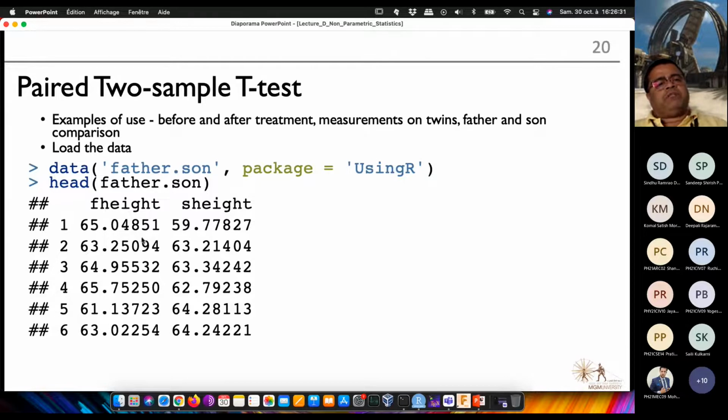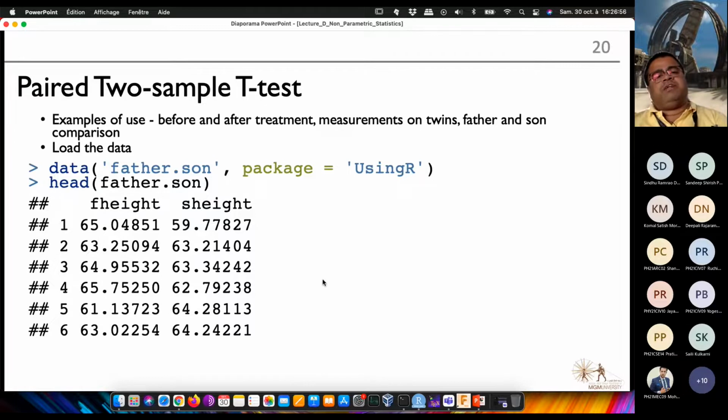If you look at this first line, the father's height is 65, and remember these values are in inches. Don't get confused, it is not 65 feet or 65 centimeters, these values are in inches, please be careful.